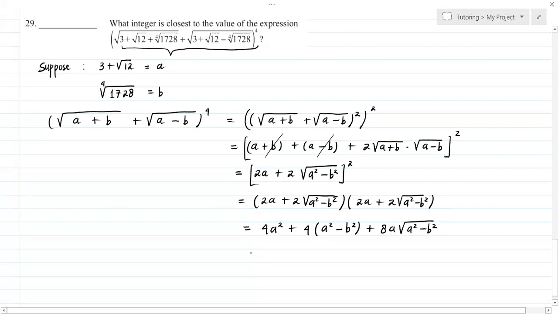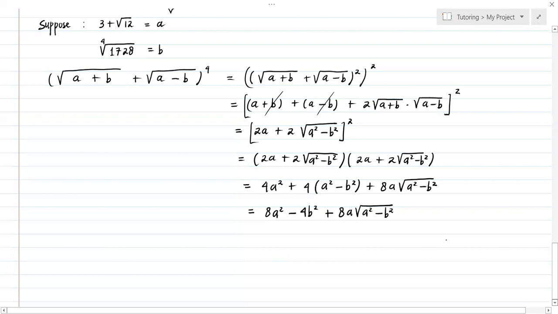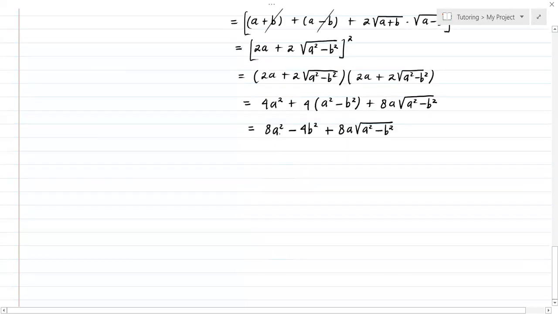And then we can write it as 8A squared minus 4B squared plus 8A root of A squared minus B squared. So here we must calculate the value of 8 multiplied with A squared. I will evaluate it here.